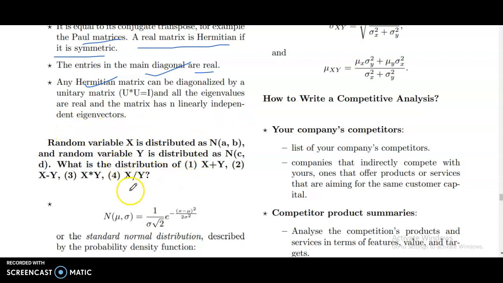A random variable x is distributed as N(a, b), and the random variable y is distributed as N(c, d).